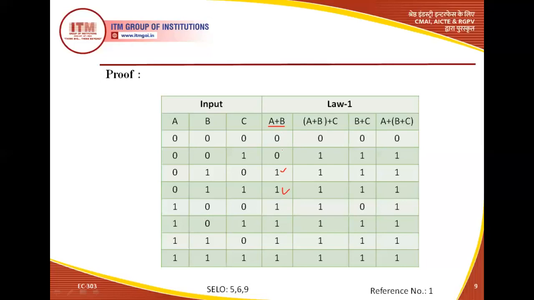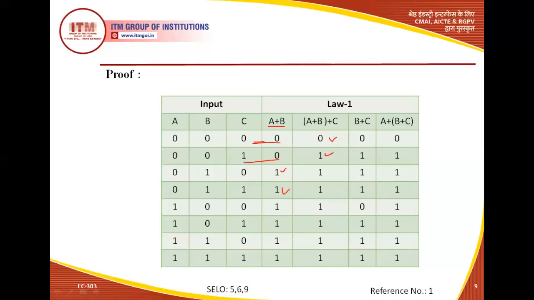Now we perform the OR operation of A or B with C. Now we perform the OR operation with C. So 0 or 0 is 0. Now 1 or 0 is 1. Similarly 0 or 1 is 1, 1 or 1 is 1, 0 or 1 is 1, 1 or 1 is 1, 0 1 1, 1 1 or 1. Now we see the RHS side.